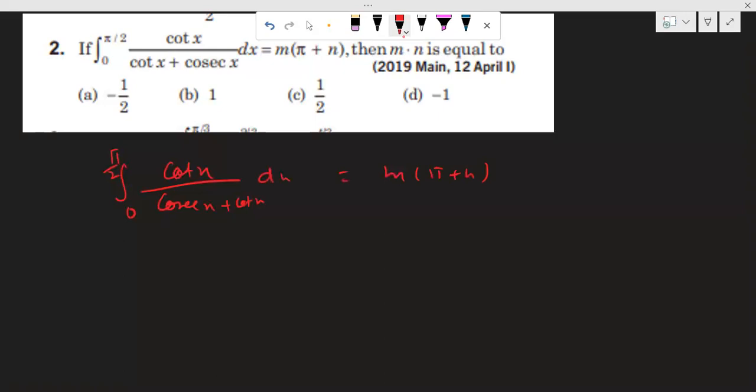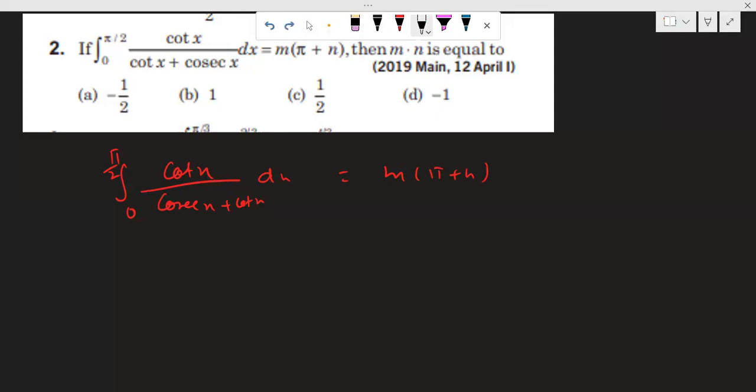See what we can do in this question. The denominator gives a hint that if we multiply by cosec x minus cot x, this will give us cosec square x minus cot square x, that is 1. It is the basic trigonometric identity, cosec square x minus cot square x is 1.